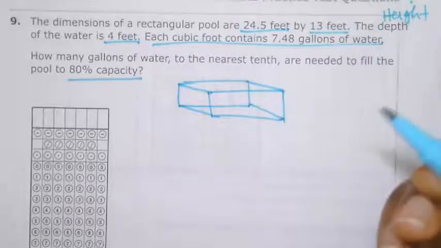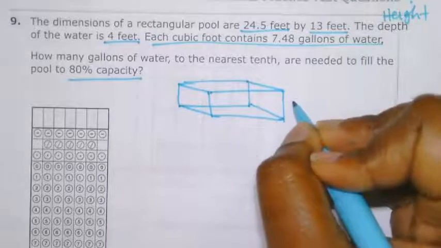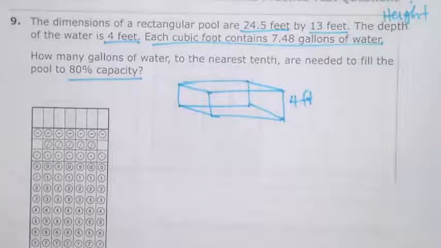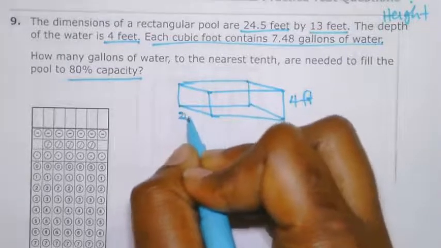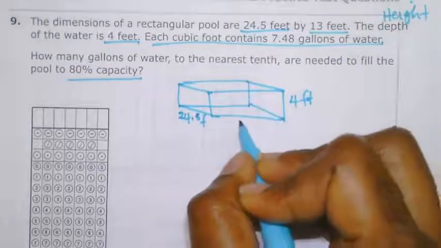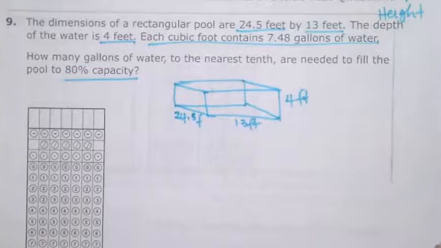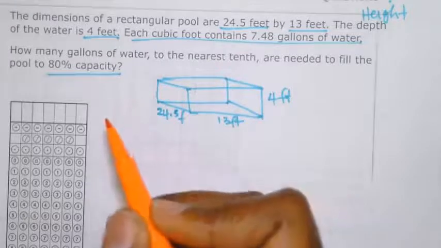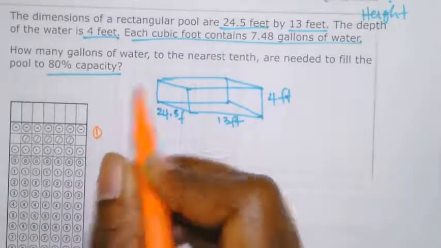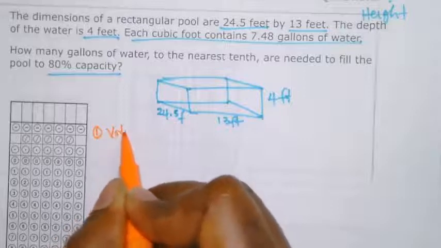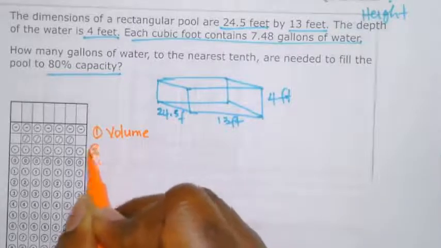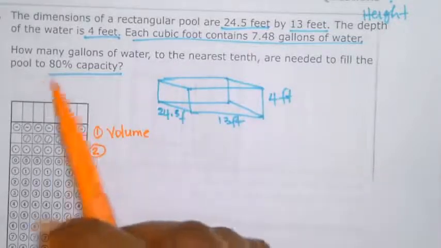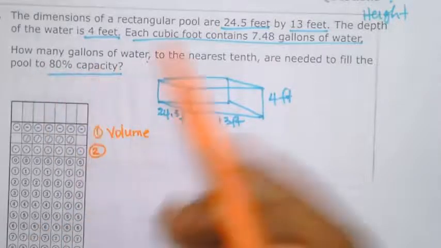Alright, so we know that the depth, which is the height, is 4 feet. We know that it is 24.5 feet by 13 feet, and it's not drawn to scale, guys. So the first thing, we're going to write down what we need to keep in mind. One, it talks about cubic feet, that means we need the volume. Two, they want to know how many gallons of water are needed to fill 80% capacity.